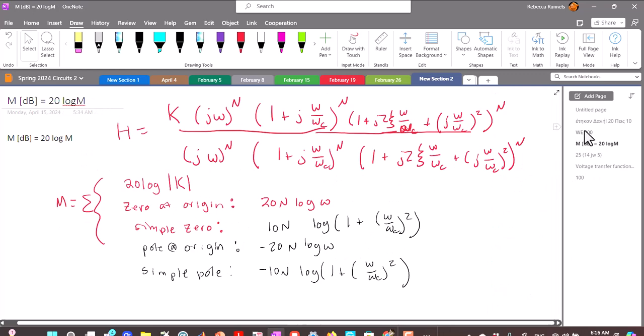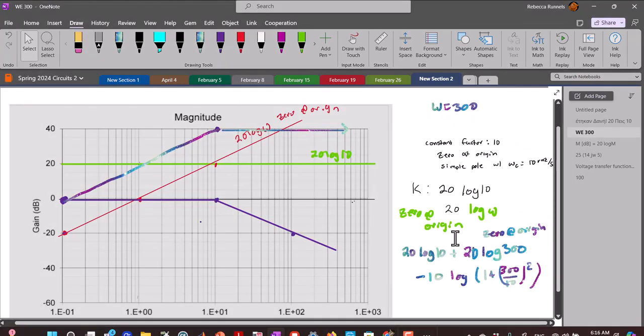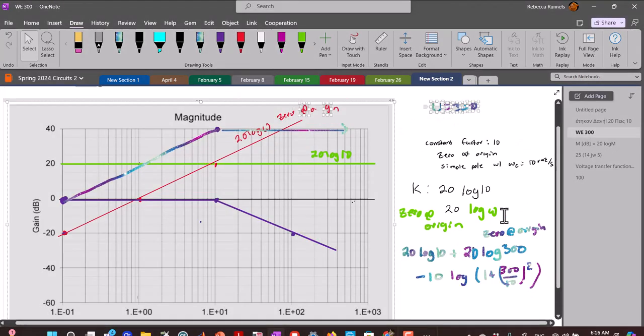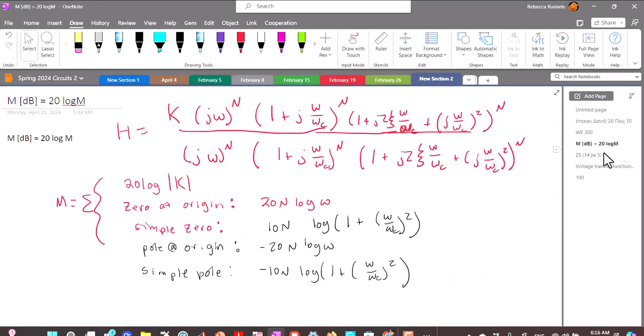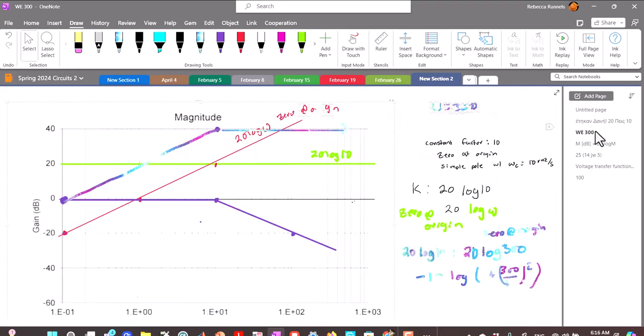So at omega equals 500, where's my graph?